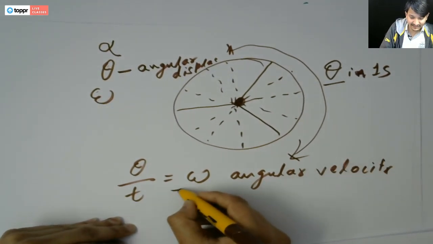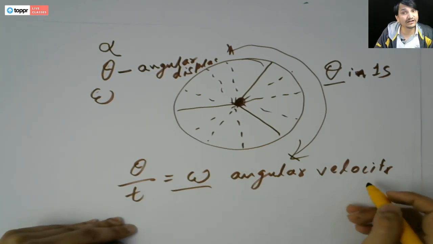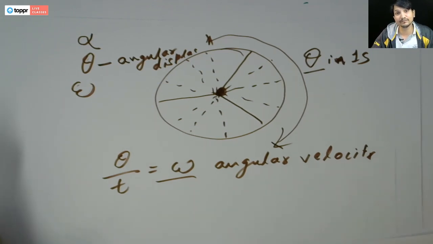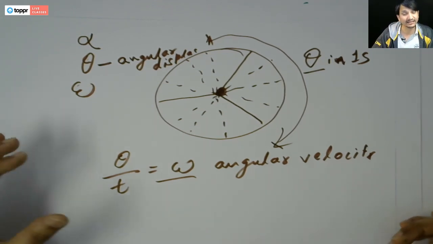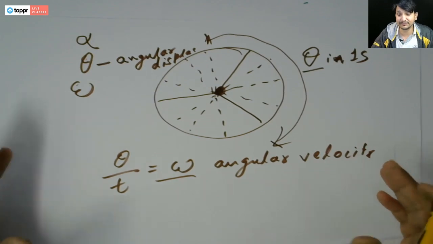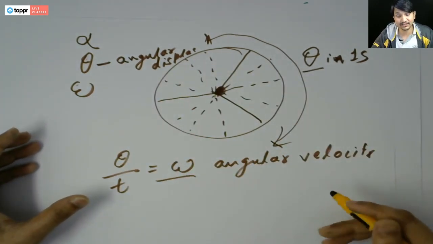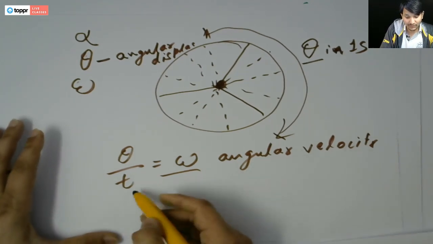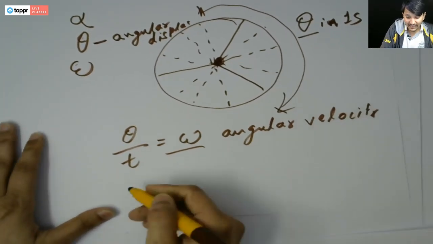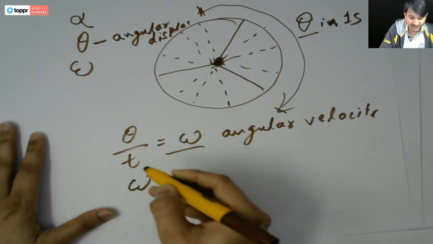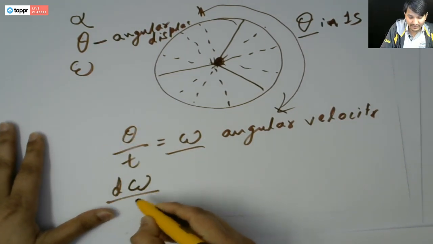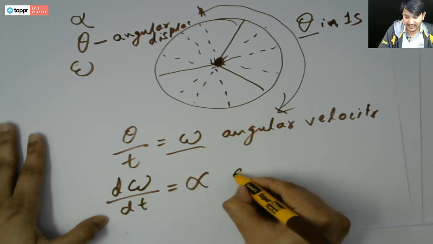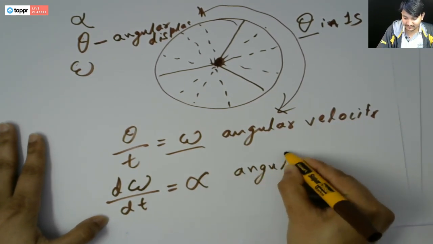Can we say that this omega will be uniform throughout the rotational motion of a body? No, we can't say that, because it may change over time. Torque might be acting on it, and that may change the angular velocity over time. So the rate of change of angular velocity, or d omega by dt, is known as alpha, which we call angular acceleration.